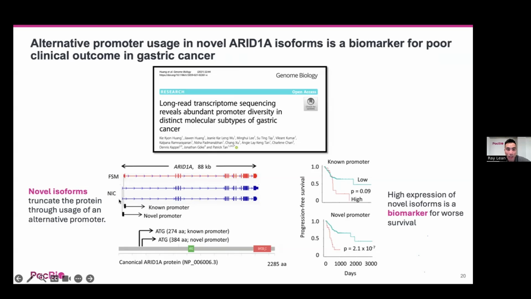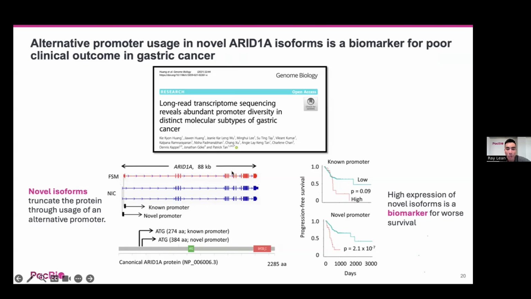One of them uses a new novel promoter, and this novel promoter results in a truncated protein. So this novel isoform truncates the protein through the usage of an alternative promoter.